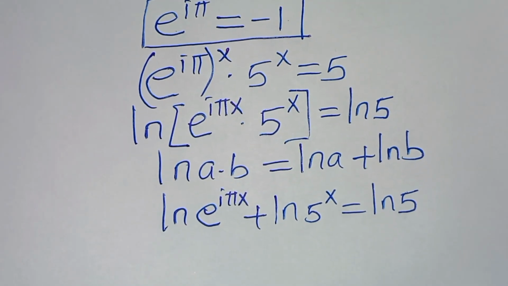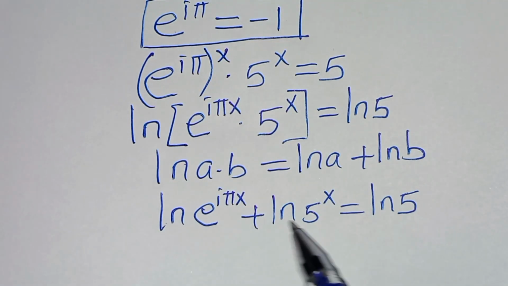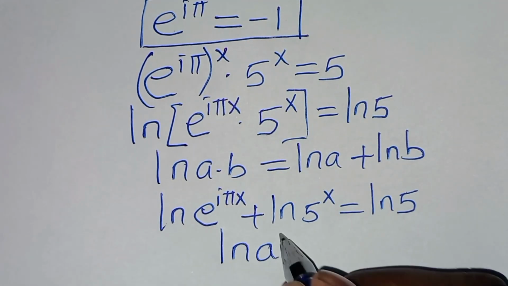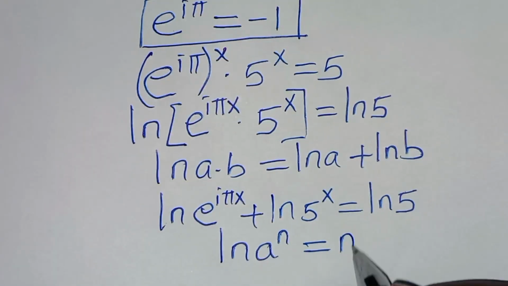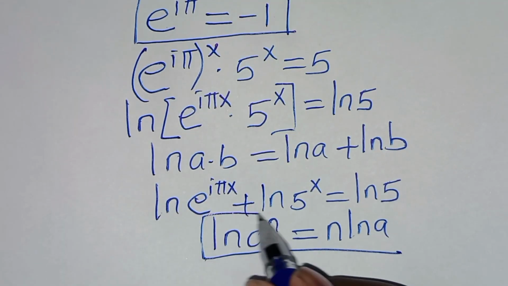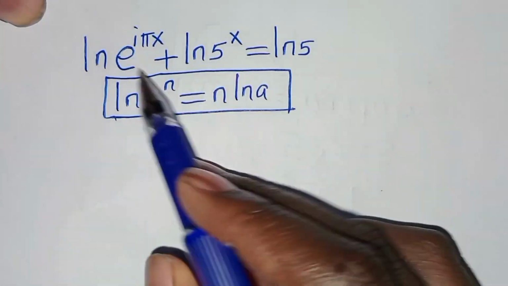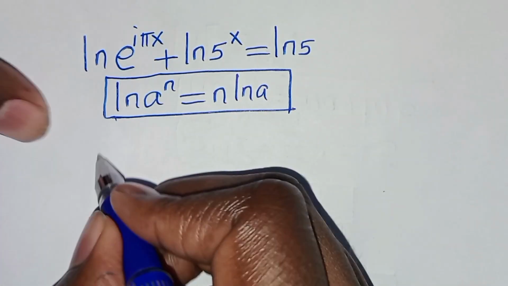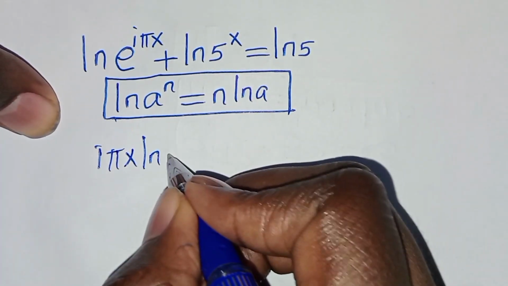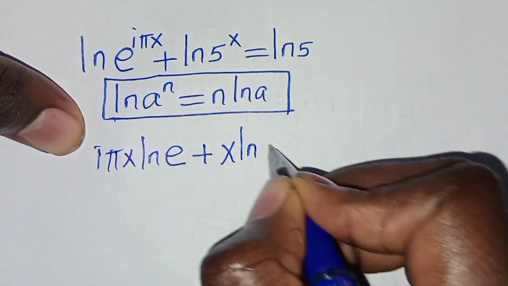Now, the next step from here, you find that ln of e^(i pi x) and ln of 5^x are in the form of ln of a^n, which we can express as n ln of a. So let's apply this power rule property. Now applying this power rule property, this implies that we have i pi x ln of e, then plus x ln of 5.